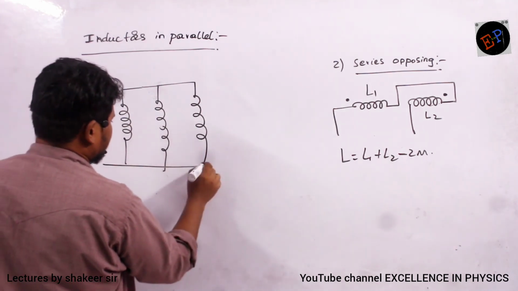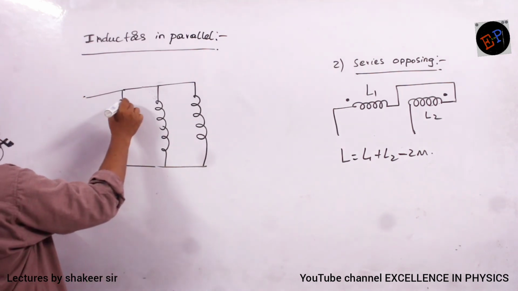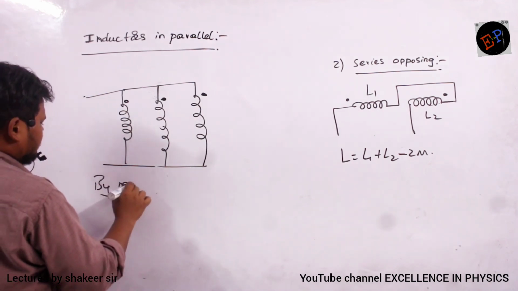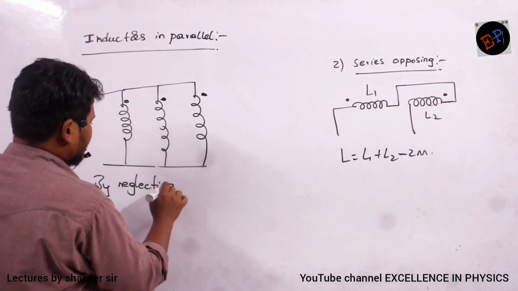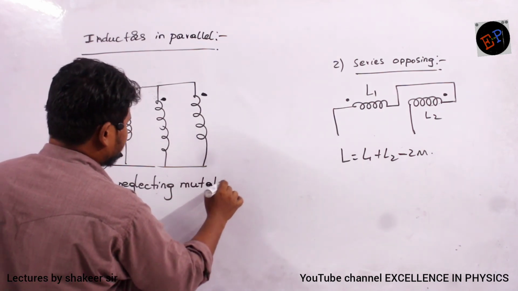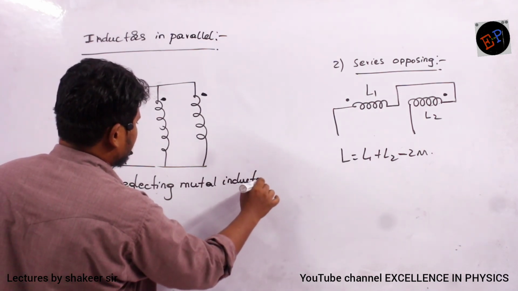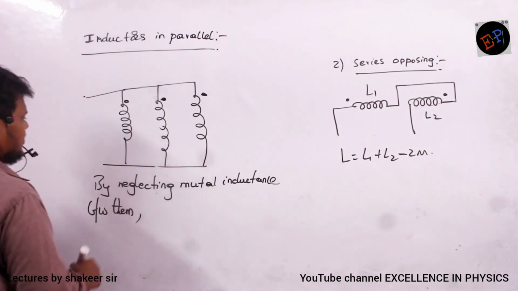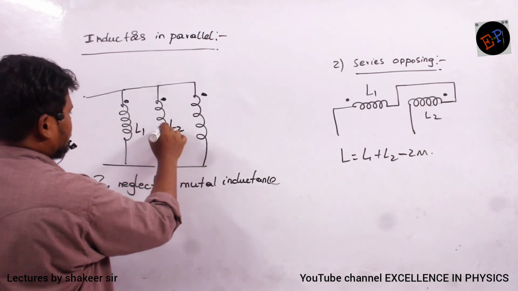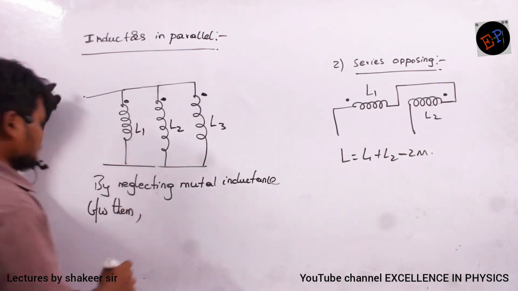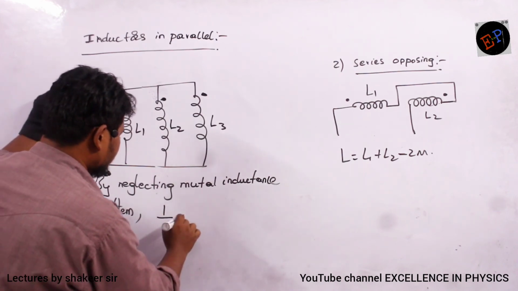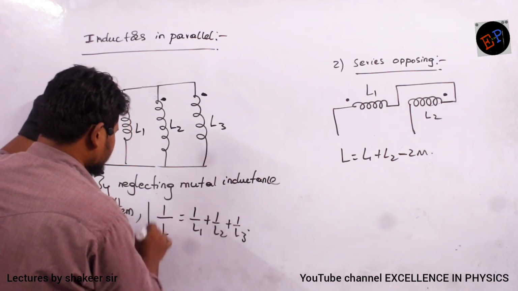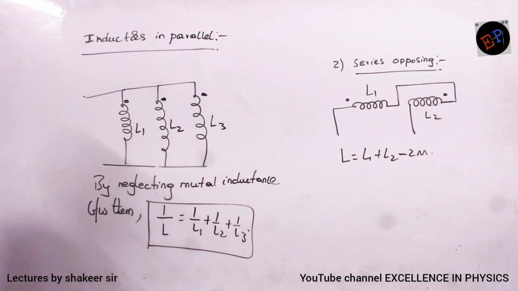Consider 3 inductors connected in parallel, neglecting mutual inductance between them. This is L1, this is L2, and this is L3. Therefore, for total inductance, 1 by L equals 1 by L1 plus 1 by L2 plus 1 by L3. This is the formula to calculate inductance when they are connected in parallel.